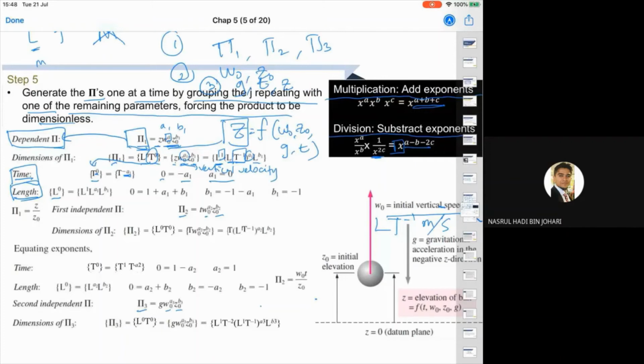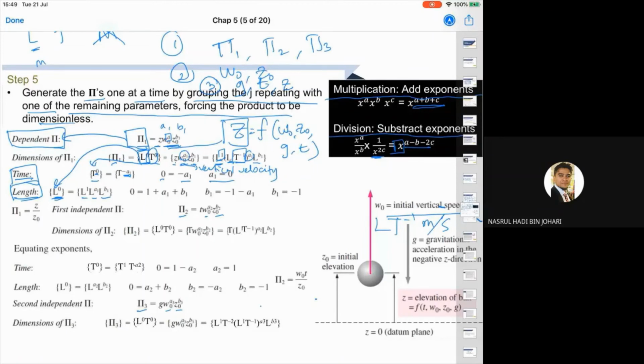You do the same for the length. Length L to the power of 0. So you put down here L to the power of 0 equal to L1, L^A1 and L^B1. Put them all together: L1, LA1, LB1. Then you analyze the exponent, which is the power of each dimension.